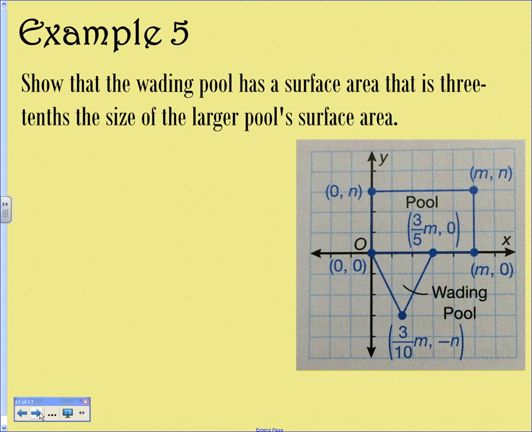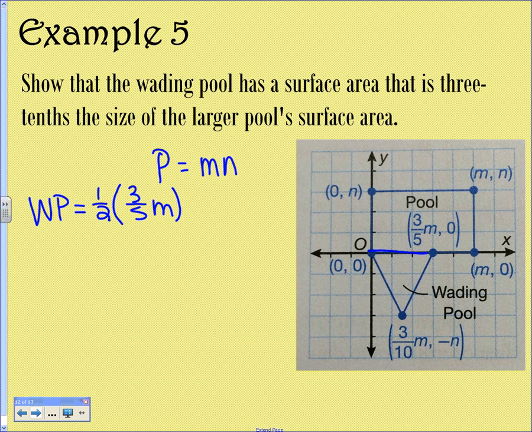How would you find the area of a pool? Why m times n. Okay, it goes out m and then up n, right? So the pool is m n. What about for the wading pool? What is the base? It's 3/5 m. Why negative, or not, okay, don't use negative.